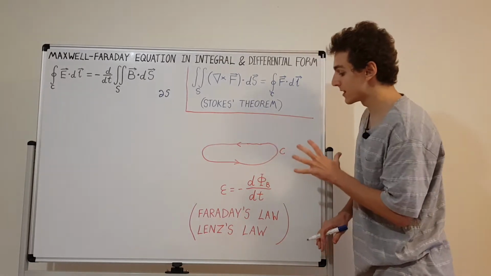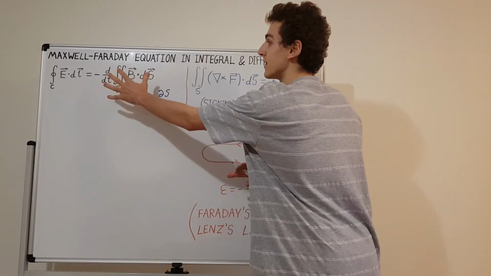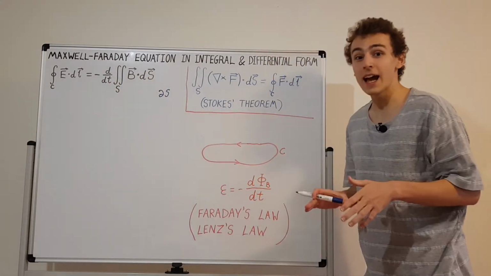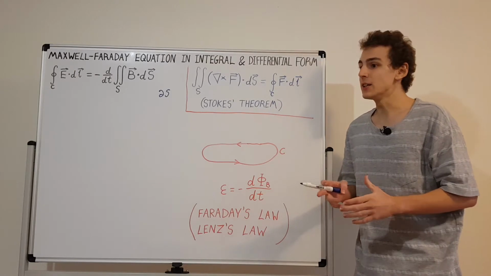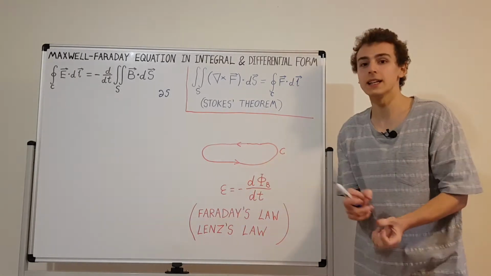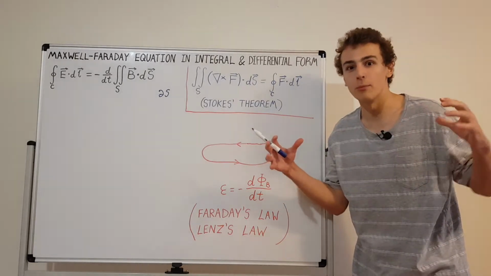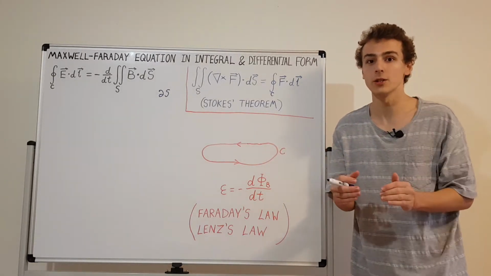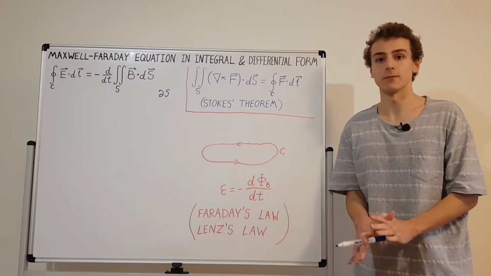I want you to let this sink in and see that this form is the same as this. But Faraday didn't have the mathematical background that Maxwell did. So what Maxwell did is he put together all these ideas from Gauss, from Faraday, and Ampere, and combined them into a set of 4 equations that are excellent at describing classical electromagnetism.